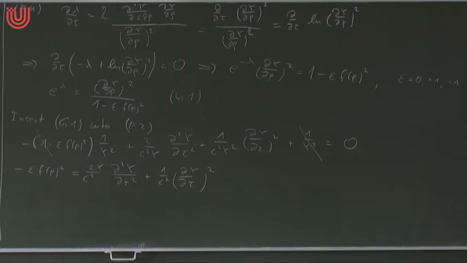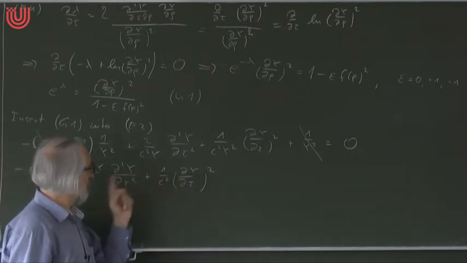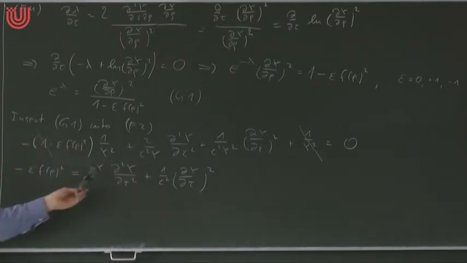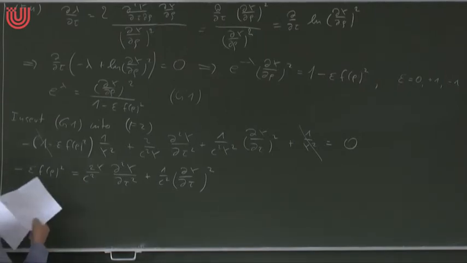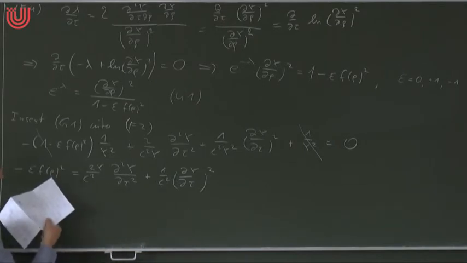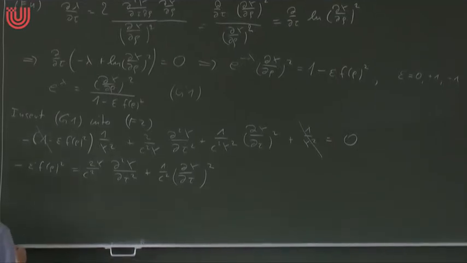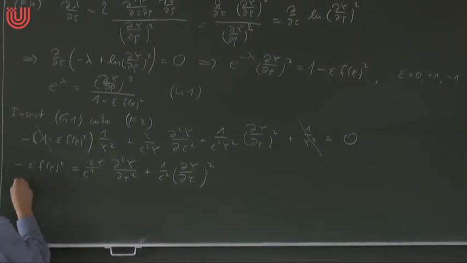So this equation has a very nice property, namely it involves derivatives of y only with respect to tau. So although it involves partial derivatives, it's actually an ordinary differential equation. Because I can fix a rho, I can view rho as a parameter. I fix a rho, and then this is an ordinary differential equation for y as a function of tau. And as such, I will now solve it. So fix rho.